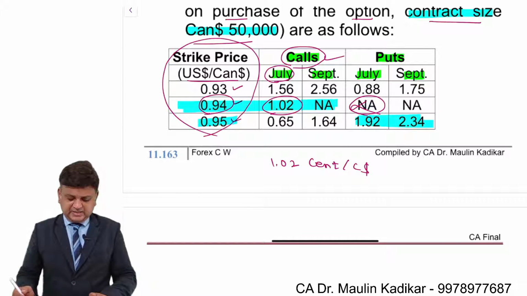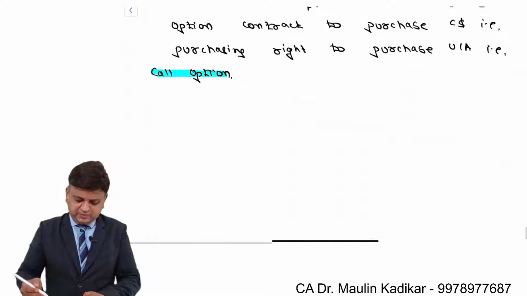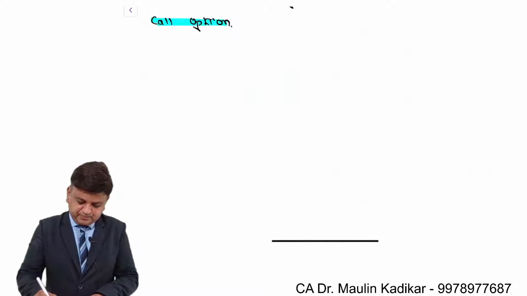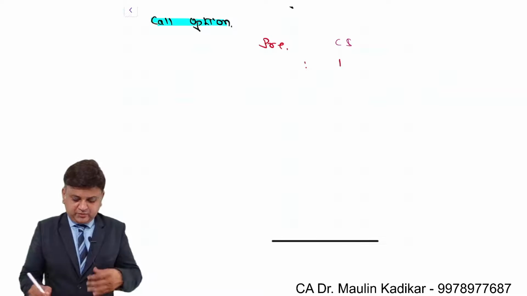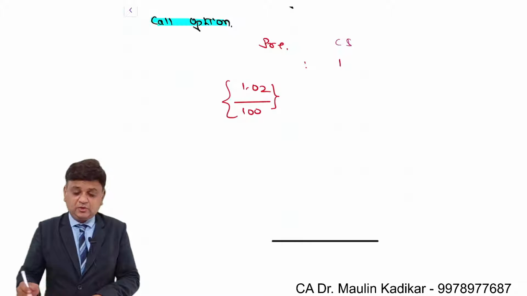So now the remaining answer is very simple. If you purchase the right to purchase 1 Canadian dollar, then in that case you are required to make the payment of the premium of 1.02 cent. So 1.02 divided by 100. I convert that into dollar term.